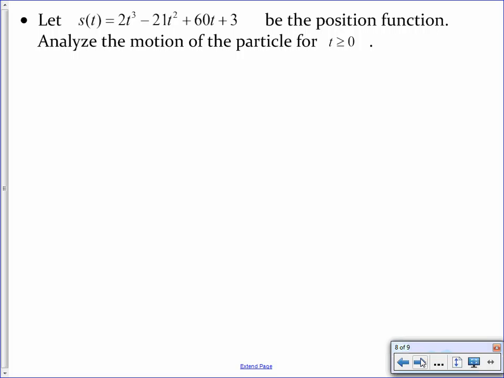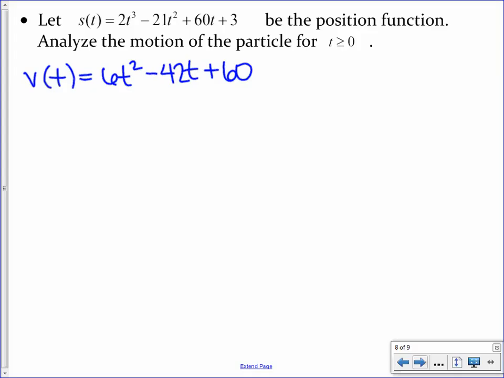So let's analyze this. Carly, what is our velocity function? 6t squared minus 42t plus 60. Awesome.